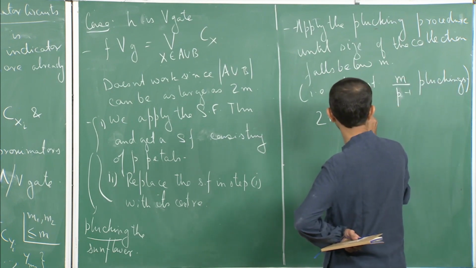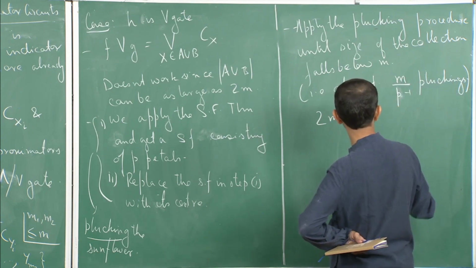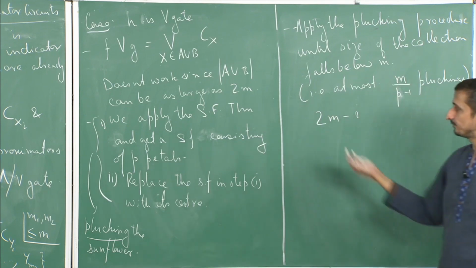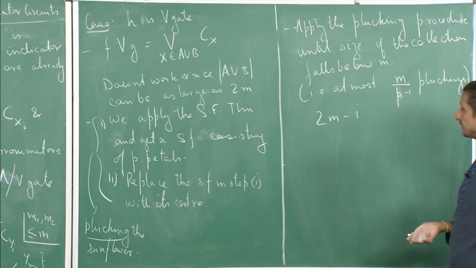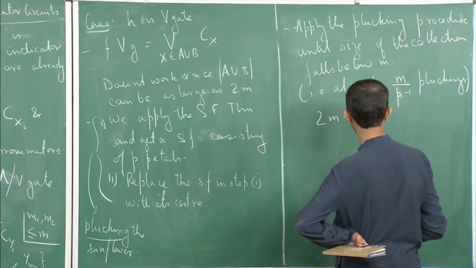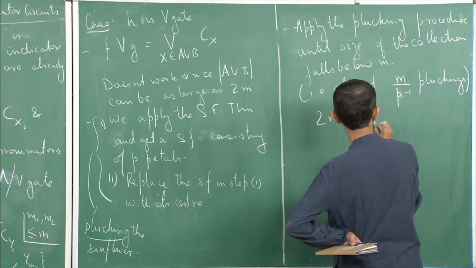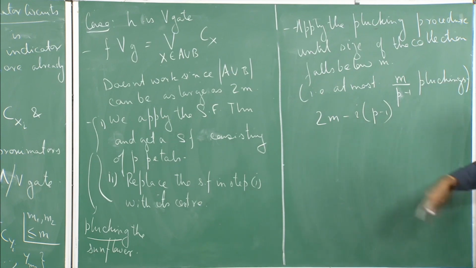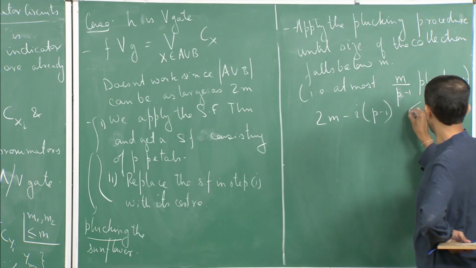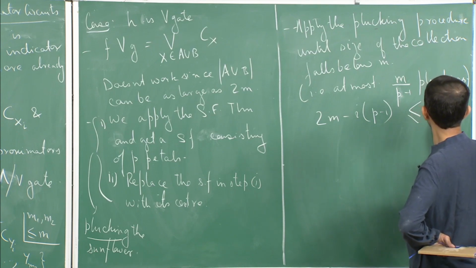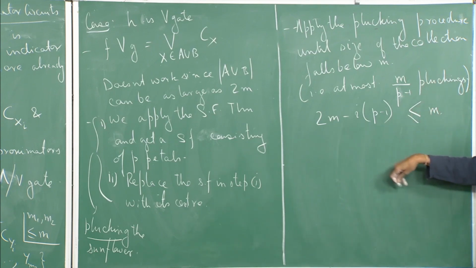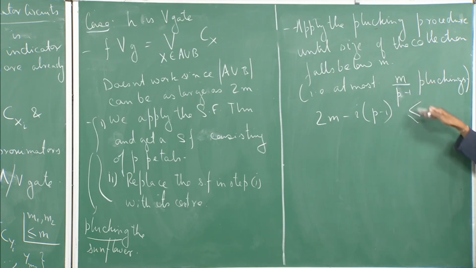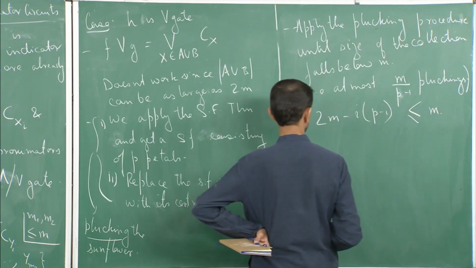After i iterations, at each iteration we know that we have decreased it by an additive factor of p minus 1. So, after i iterations we will decrease it by i times (p minus 1). Now, I want it to come below m. If you solve this equation, you will get that if you choose i to be m by p minus 1, then this works.